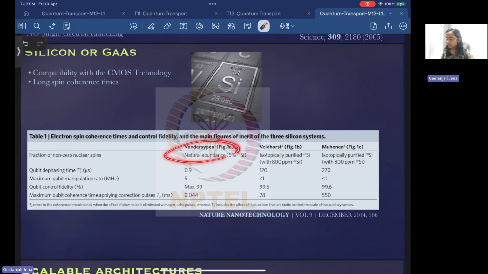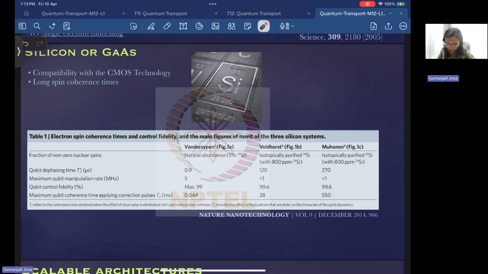You can see it here, these are isotopic purifications of silicon. If you look at the dephasing time, when we go from here to here, we can say that the dephasing time is long. So it's possible to minimize the decoherence effect of nuclear spin by isotopic purification of silicon, and this is not possible with gallium arsenide.